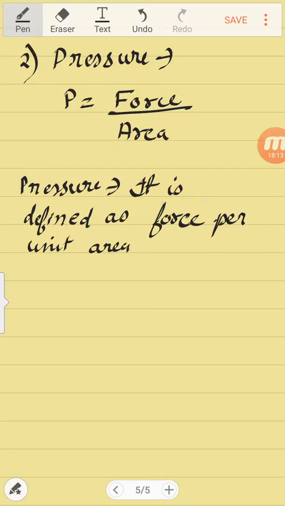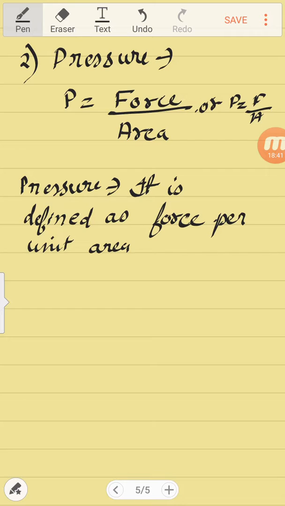How will you define it? It is defined as force per unit area. Or in short form you write pressure is force by area.